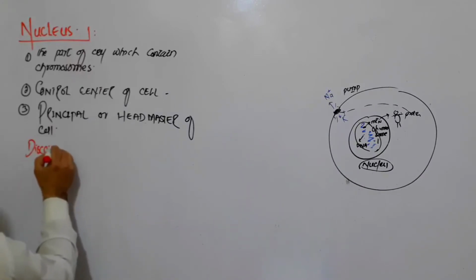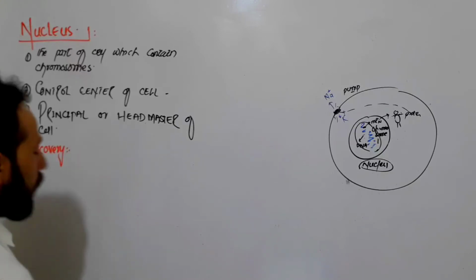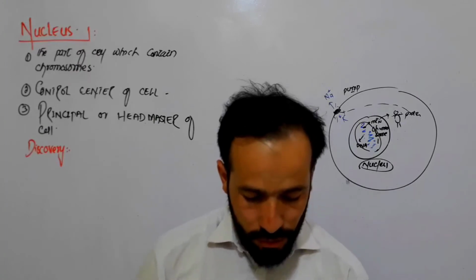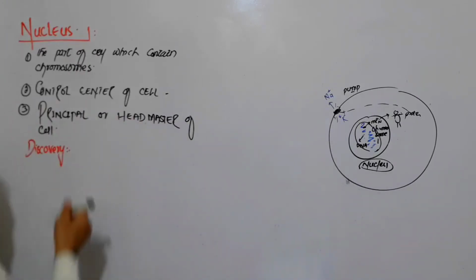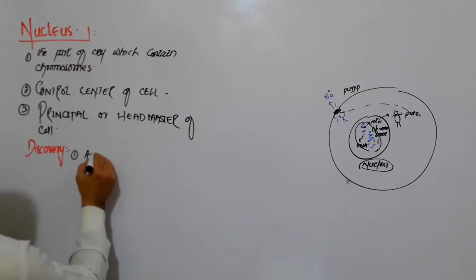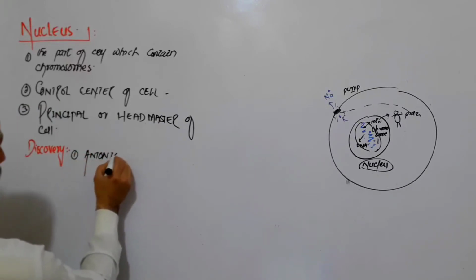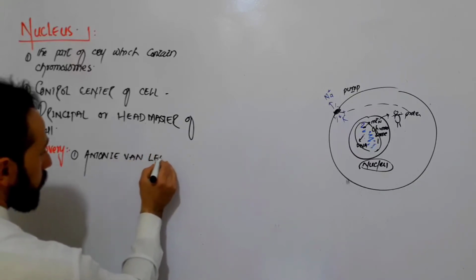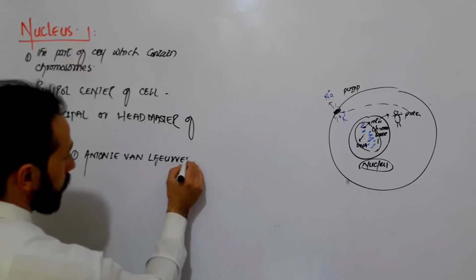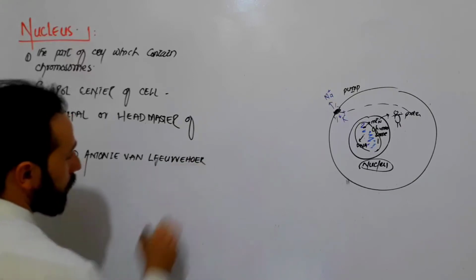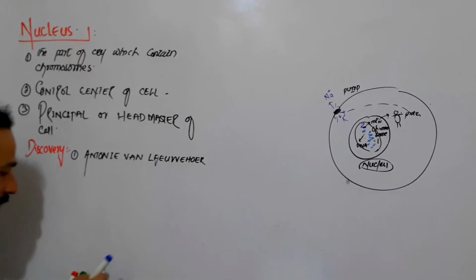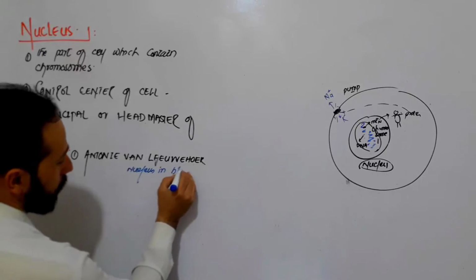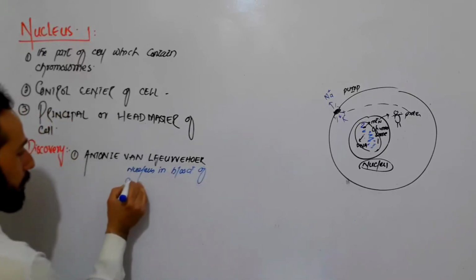Discovery. For the first time, Antony van Leeuwenhoek saw the nucleus in the blood of amphibians.